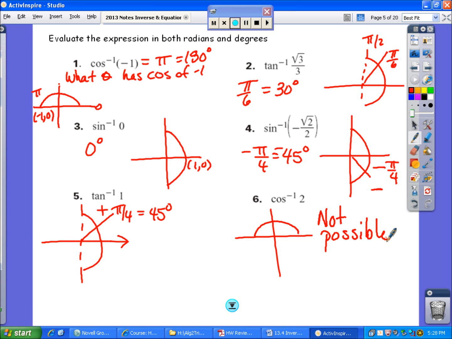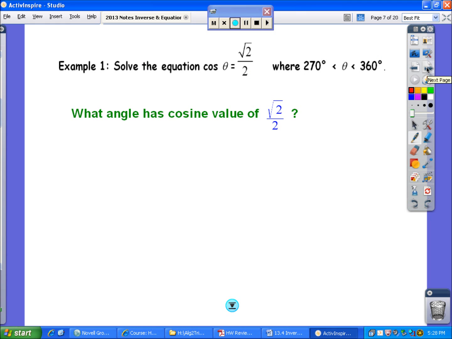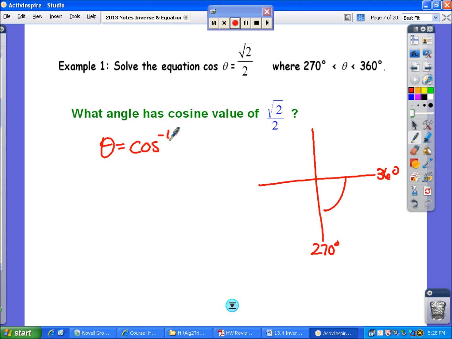Alright, let's look at solving equations now. We're going to solve this equation. What angle has a cosine value of square root of 2 over 2? Now notice our restrictions. We're told that we have to be between 270 and 360, so we're only in this quadrant. We want a theta that has this cosine, so theta is equal to the inverse cosine of square root of 2 over 2.